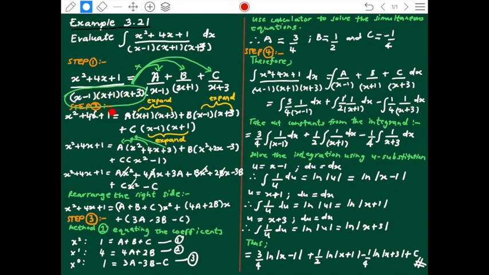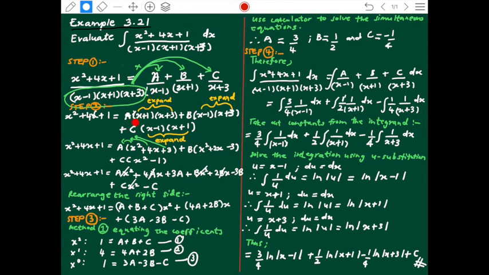Right, now for the second step, if you can remember, you need to multiply the denominator on the left side with each component of partial fraction on the right side. So here I have written down a times (x minus 1)(x plus 1)(x plus 3). We have the common factor x minus 1, we can cancel it out.